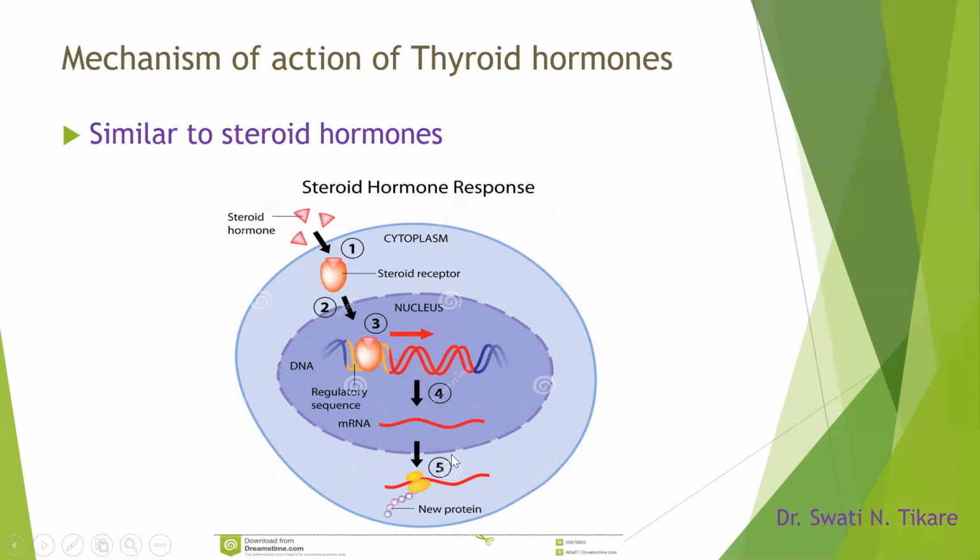This mRNA will enter the cytoplasm, where the endoplasmic reticulum will help in producing this new protein, and this will bring about the actions. So this is the mechanism of action of thyroid hormones, very similar to steroids.